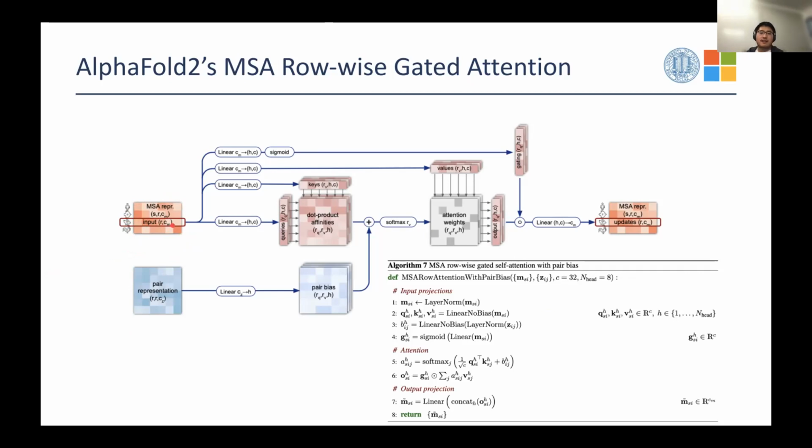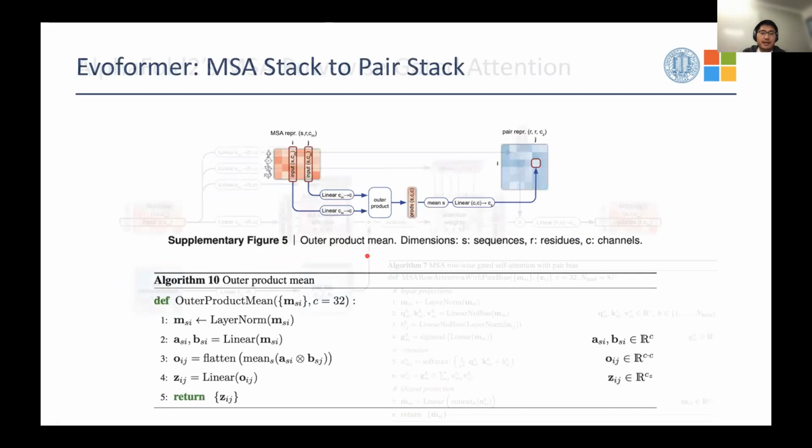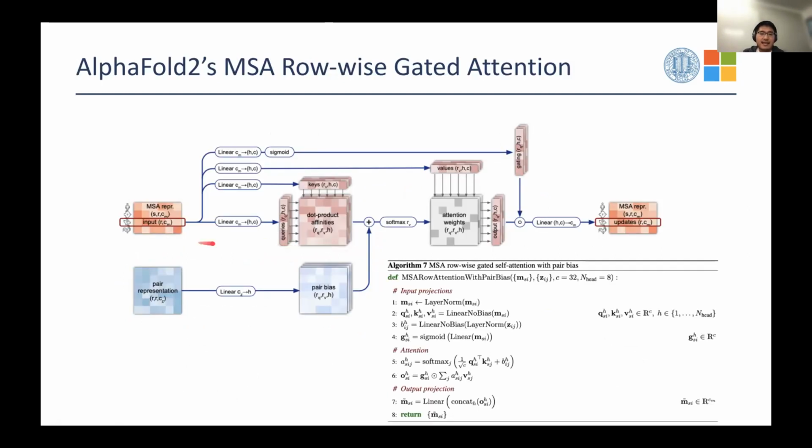The rest is the attention method here, but there is a certain part which I'll point out separately: the pairwise representation is input as a kind of pair bias in the middle of the stack. Let's see the model from left to right. The output has exactly the same dimension, R by C_m embedding, since we are updating the rows here.